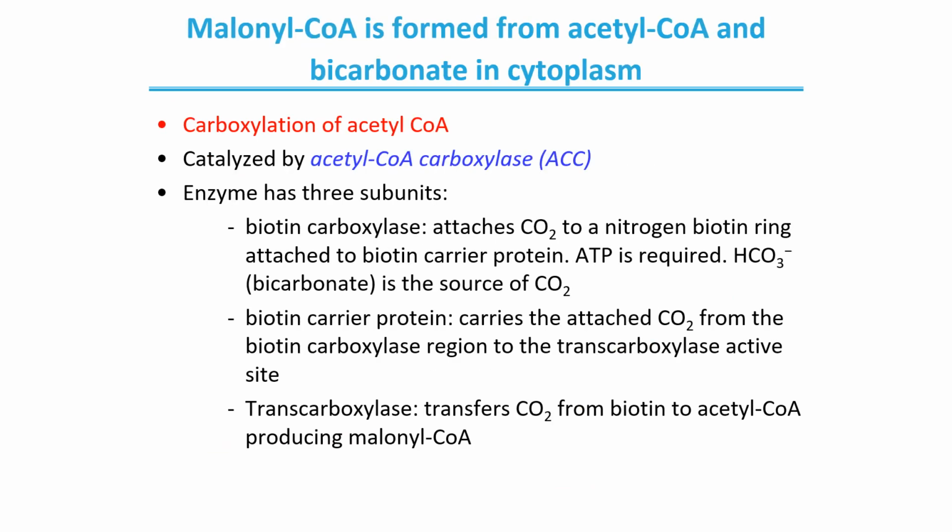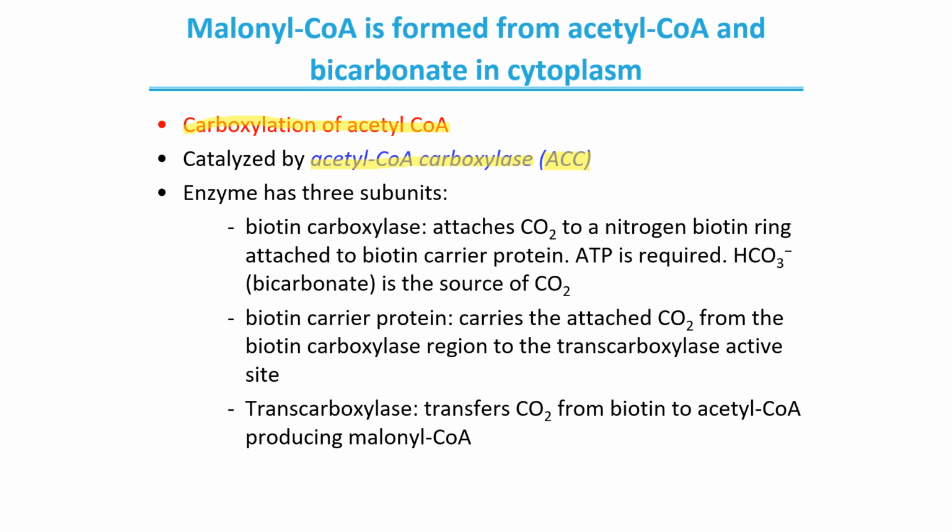So once we have the acetyl-CoA in the cytoplasm, we can start the process of making fatty acids. The first reaction is known as carboxylation of acetyl-CoA. It is a very important reaction in the body, catalyzed by the acetyl-CoA carboxylase enzyme, shortened as ACC, which converts acetyl-CoA into malonyl-CoA.